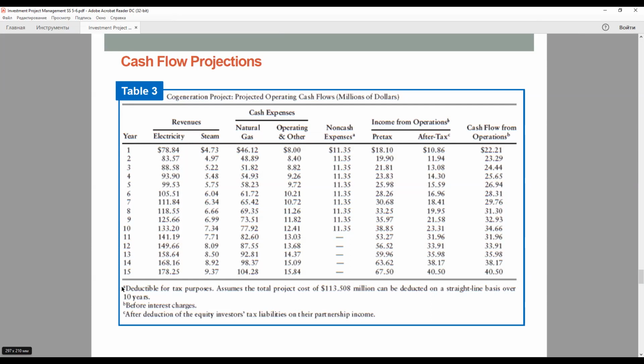And some financial economists recommend preparing the projections for a project on the basis of dollars of constant purchasing power, or simply constant dollars. Constant dollars differ from so-called current dollars, which is the unit of measurement employed for the cash flow projections. In constant dollars, the effect of general inflation is removed.